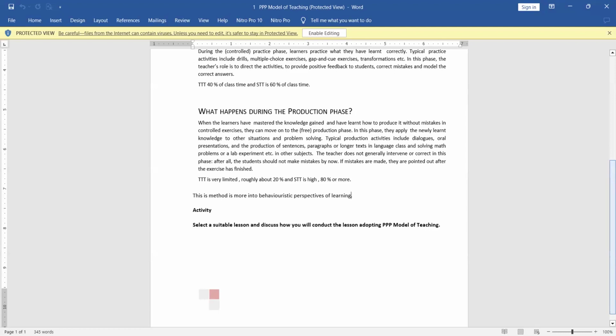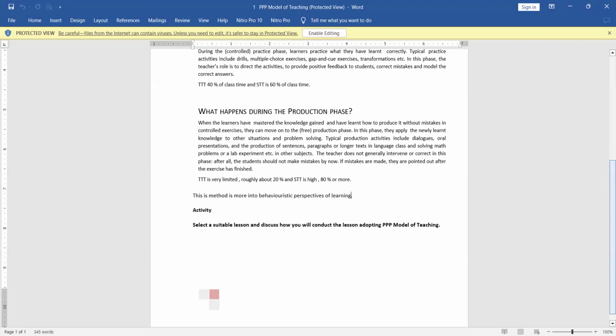And then you have to use the prepositions of place and time. Like that, you will explain it to them how to do that. Then teacher talks, students listen. And teacher talk time is 80%, student talk time is 20%. Less than 10 minutes of the 40 minutes are taken.